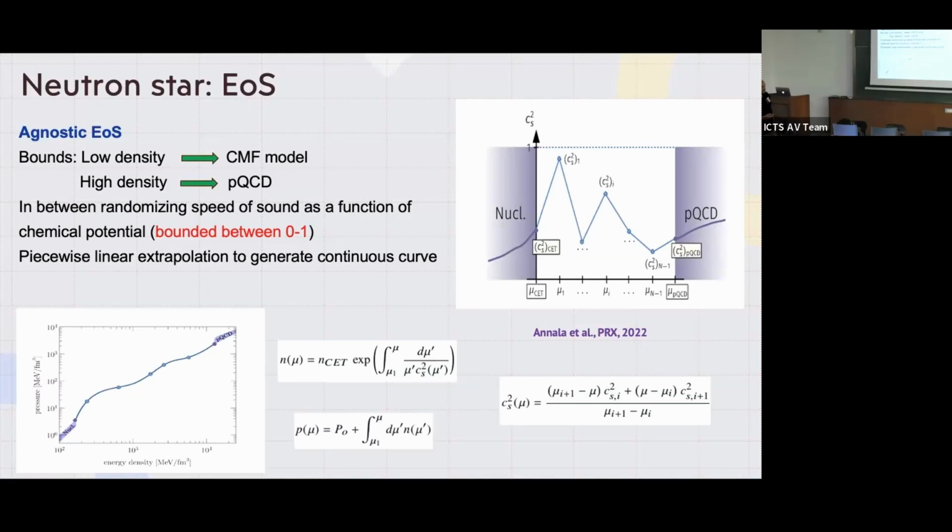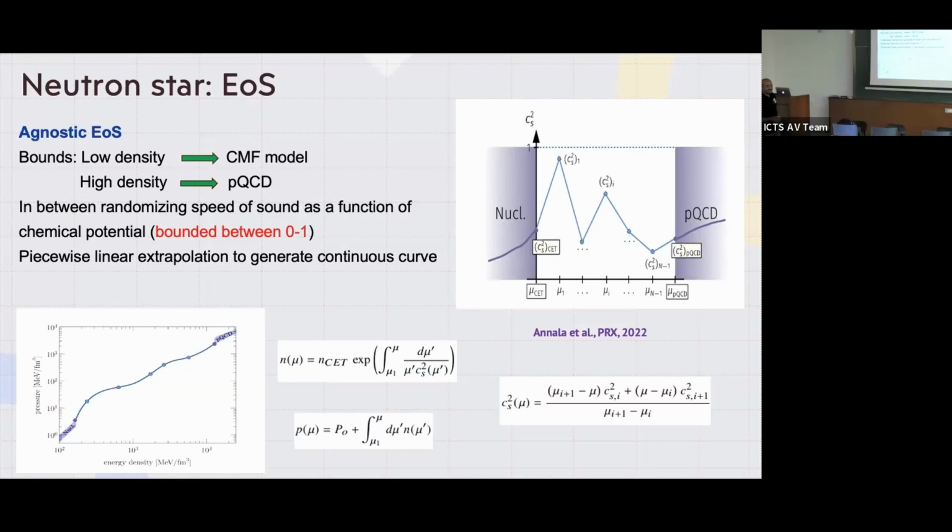We should always remember that for it to be thermodynamically consistent, the pressure has to be smooth, and the chemical potential has to be smooth. So for a particular choice of these 6 different c square, we get these points, and then we extrapolate with a piecewise linear. We can also connect with a piecewise polytrope and a polynomial or parabolic, and then we will get a smooth curve. So now this is for one equation of state.